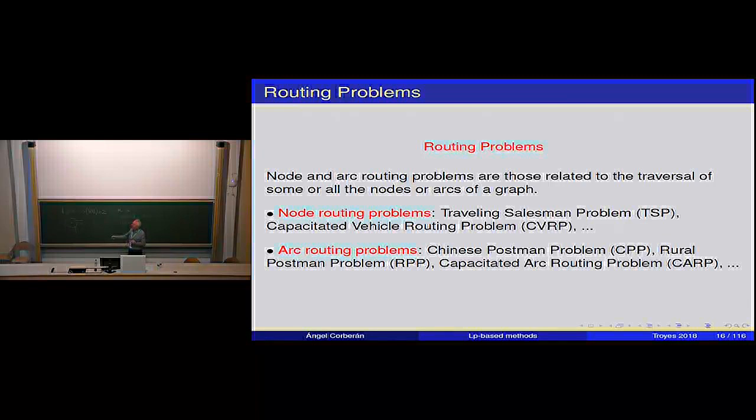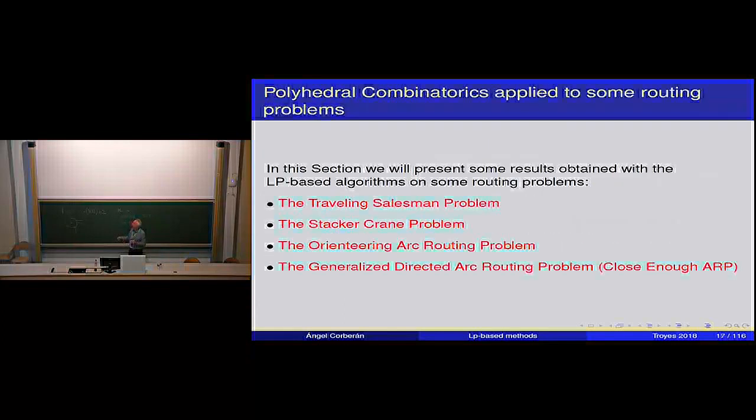And among the arc routing problems, most of you know the Chinese Postman problem, and several generalizations like the rural postman problem, and also Christian's talk about the capacitated arc routing problem, also Mark, that is the equivalent to the CVRP but in arc routing problems. I will introduce some of them for those of you that are not very familiar with them.